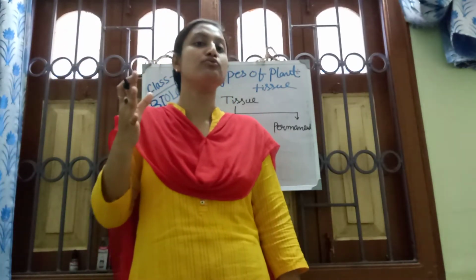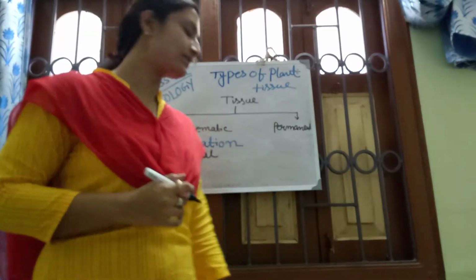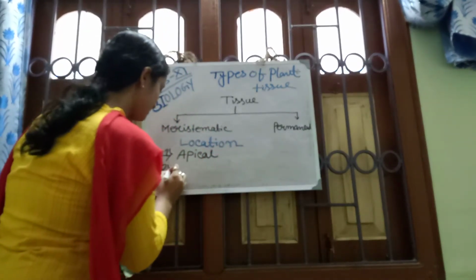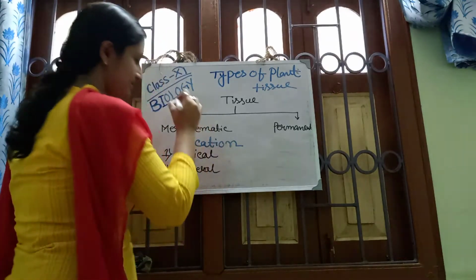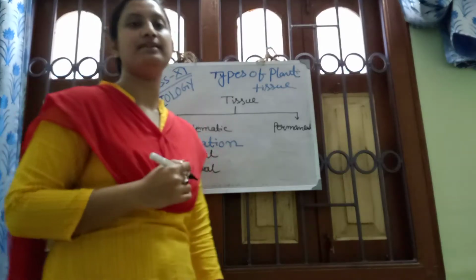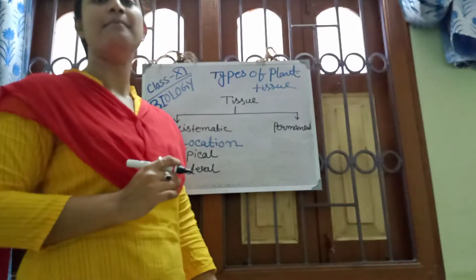The tip of the root and shoot of plant bodies is called the apical meristem. And second, lateral meristem. This particular meristem present at the side of the root and shoot is called lateral meristem.